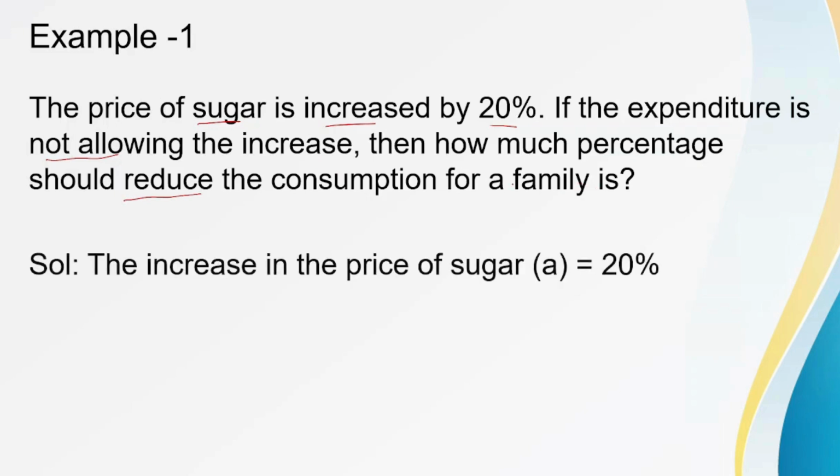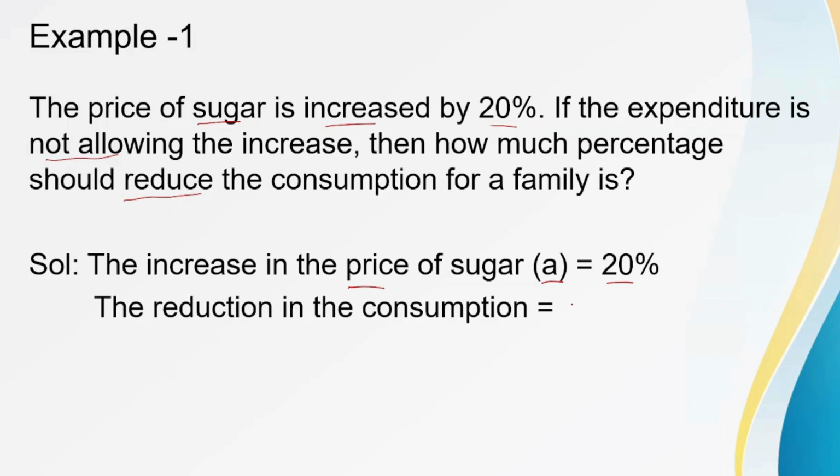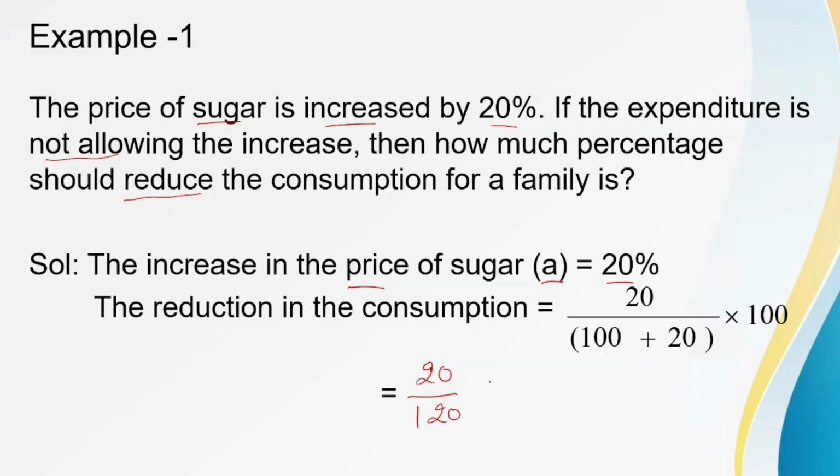So here the solution: the price is increased by A, that is 20%. So the consumption reduction is 20 by (100 plus 20) into 100. So this is 20 by 120 into 100.